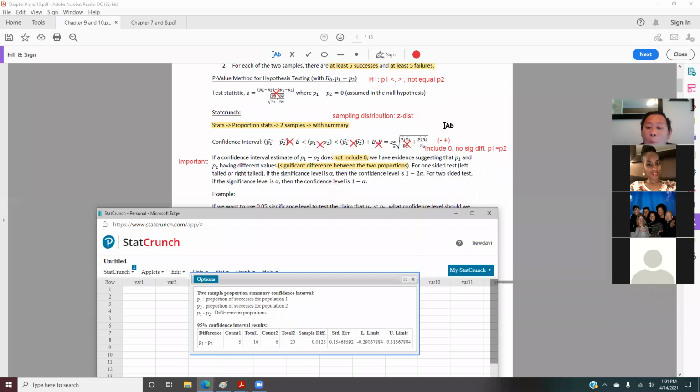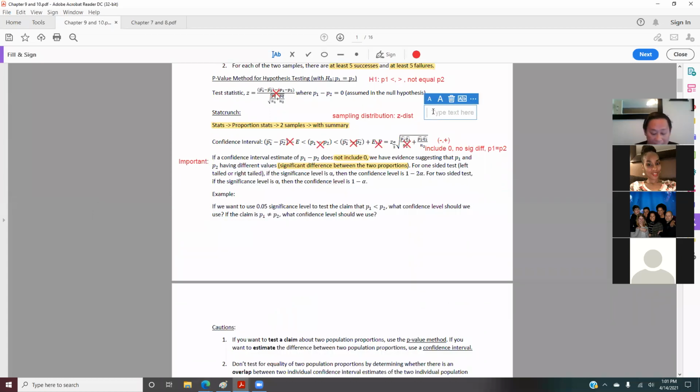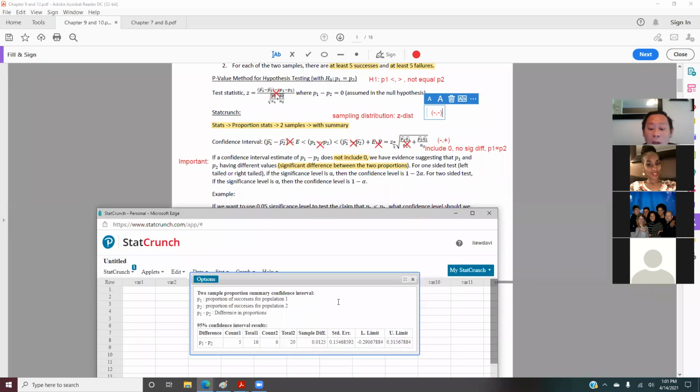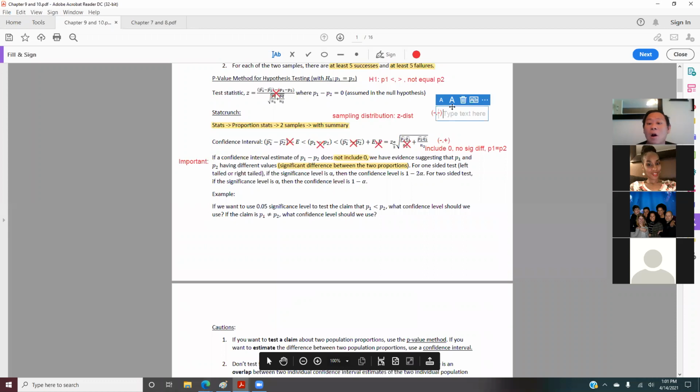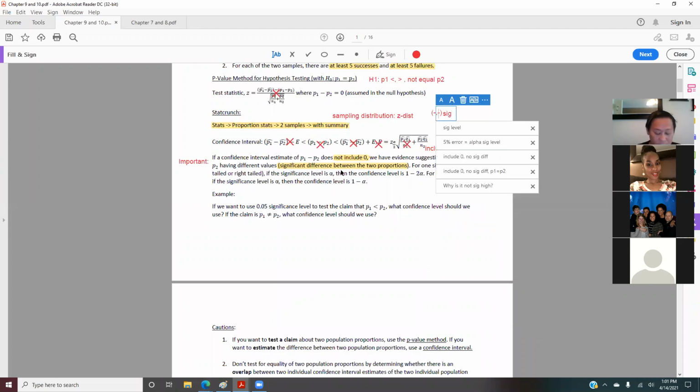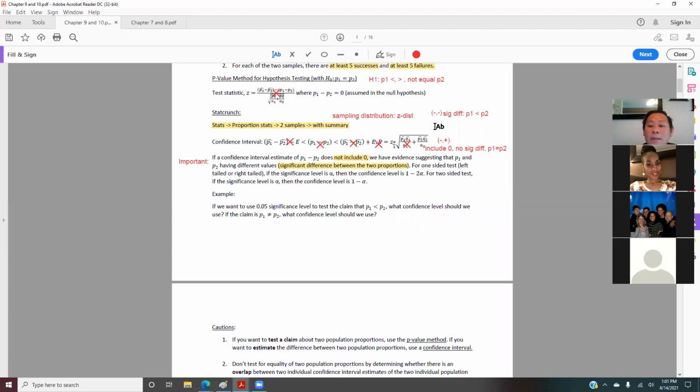Okay. What happens if you get both negative? It can happen when you do your significance level, your lower and upper both are negative, then you can conclude that this is a significant difference. And you can conclude that P1 in this case is less than P2. Okay. And what happens if both of these are positive?